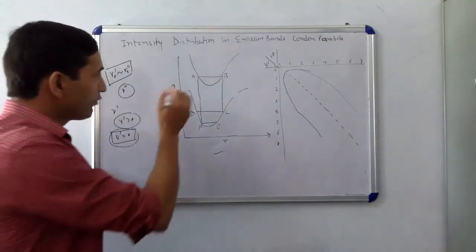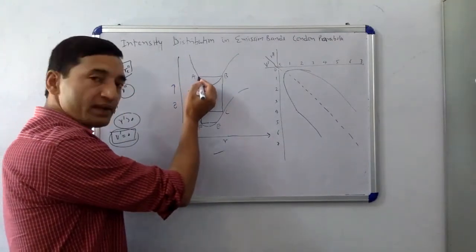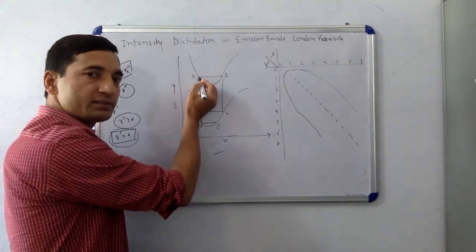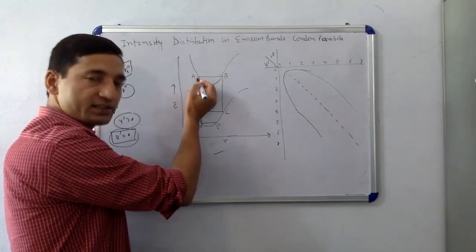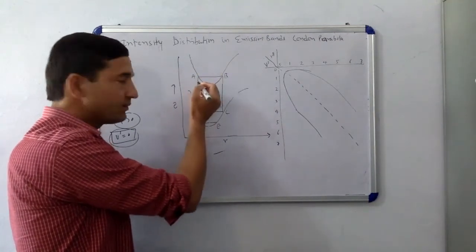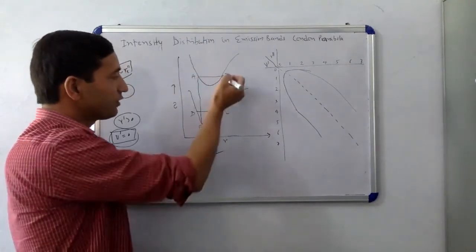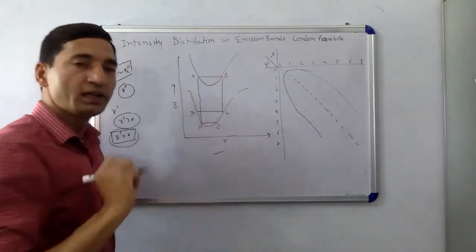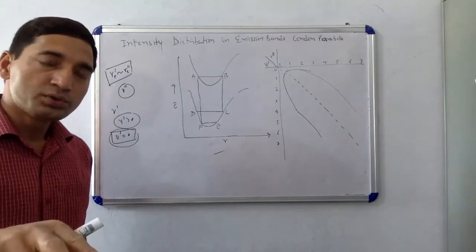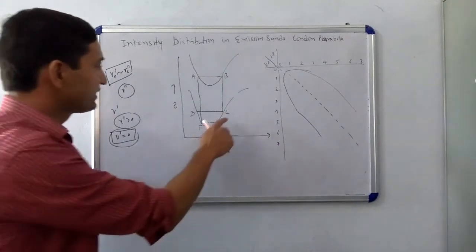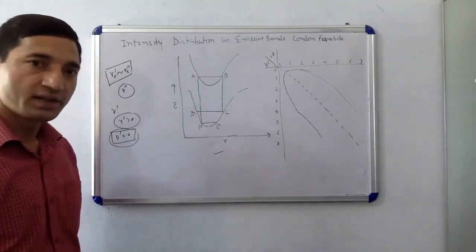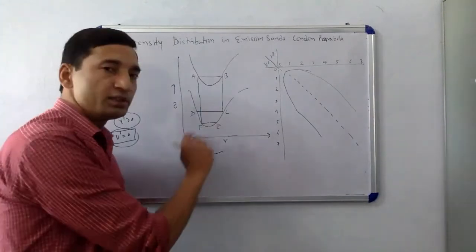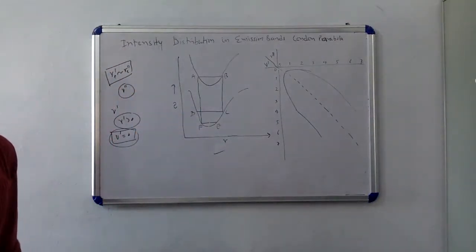Since there is a maximum probability of the atom being at the turning points A and B, you have a maximum probability for either A to F or B to C. It means you have two new vibrational states, C D and E F, and you have two maxima.